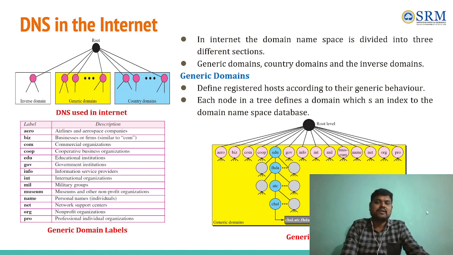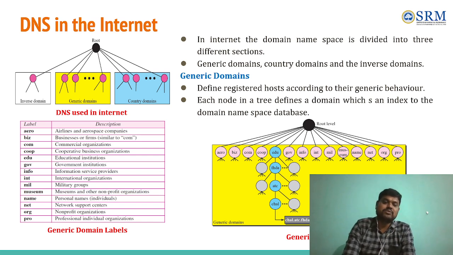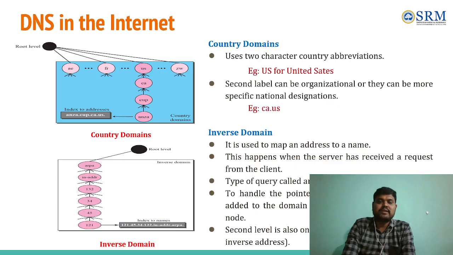DNS is divided into three dominant sections: generic domains, country domains, and inverse domains. Under each domain we can have several zones or subdomains. For country domains, for example, if you look at United States websites, such as CA.US, you can easily understand that a domain belongs to the US.